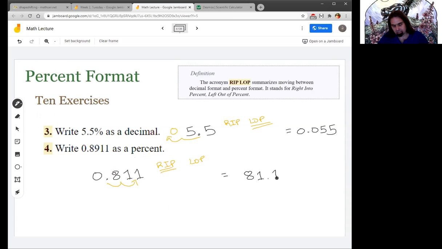You wrote 89, you wrote 811. Oh, I did. I don't think we'll get the same answer that way. No. 89.11. There we go. And there is a percent symbol at the end because we went into percent.